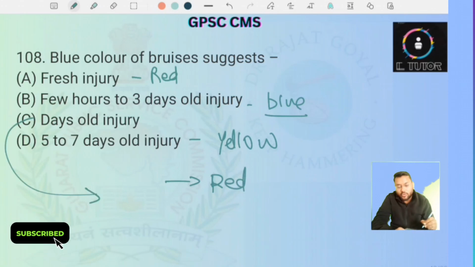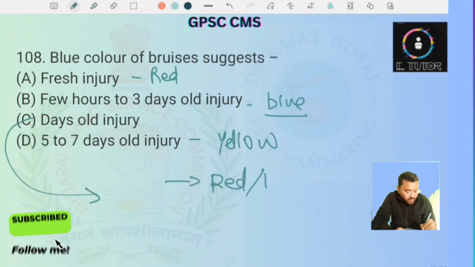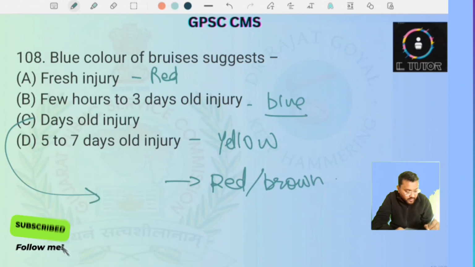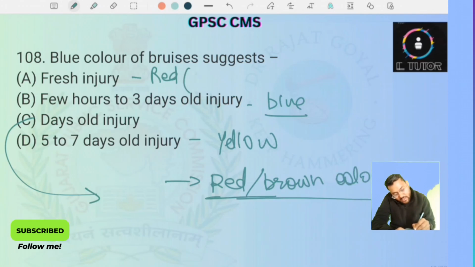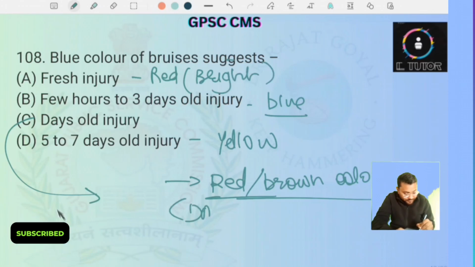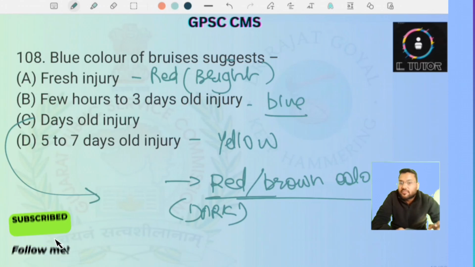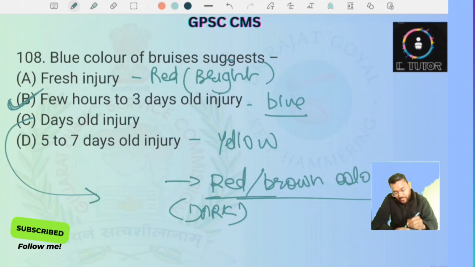Days old injury will be red-brown. This will be bright red and the days old injury will be dark red. So here the answer will be: blue color of the bruise suggests a few hours to 3 days old injury. The answer will be option B.